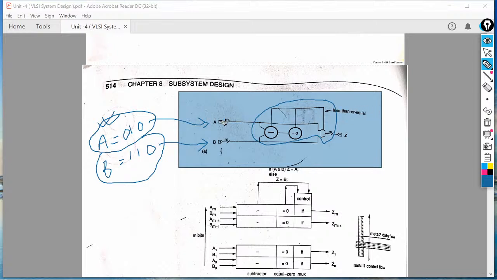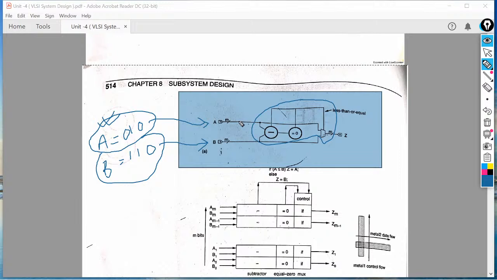It means that when we provide this value of a and this value of b into the circuitry, first it performs the subtraction operation and checks whether a is less than or equal to b.